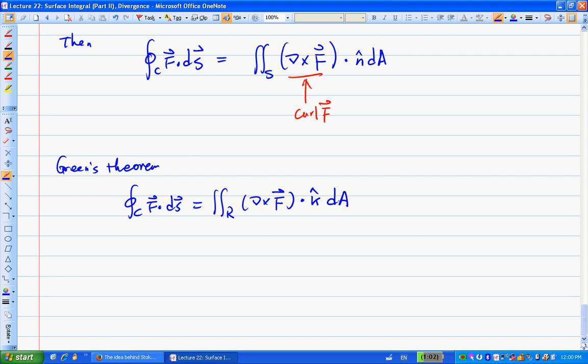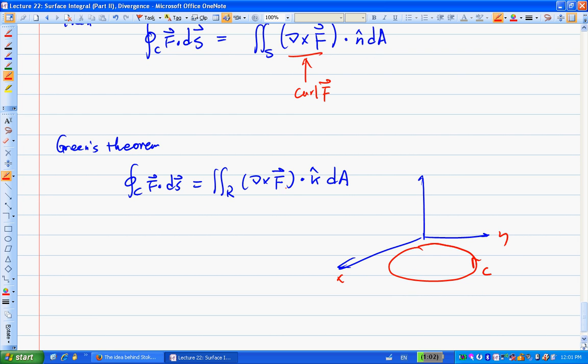This is the Green theorem, right? So if I draw something out here, what we're talking about is a closed curve C in the xy plane. And then the line integral is basically equal to this one here.